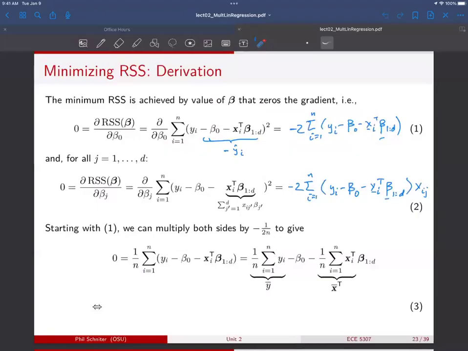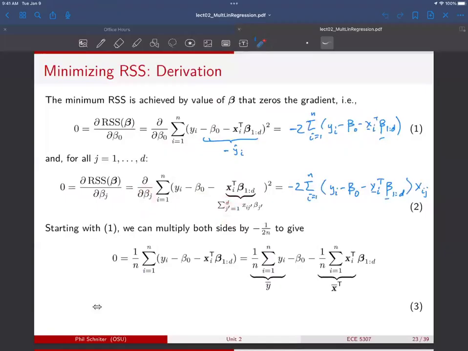Then the other thing is we want the partial derivatives with respect to all the slope coefficients to also be 0. So we did a similar thing looking at that derivative. In this case, we again move this through the sum. Then we use the chain rule. So we get 2 times this whole thing, and then we multiply by the partial derivative of this with respect to the jth beta. Since the jth beta is inside this expression, we expanded that expression into a sum over a new variable j prime.